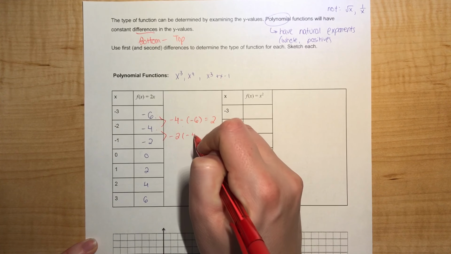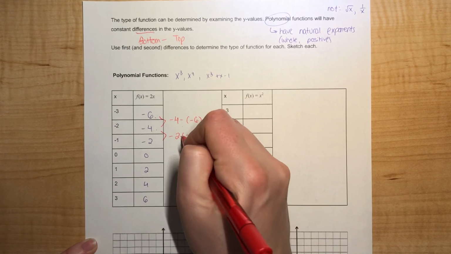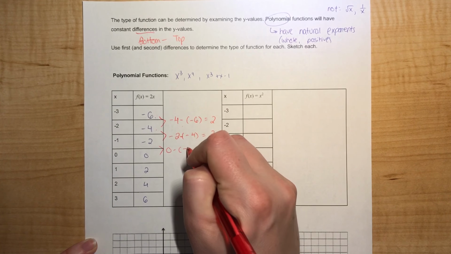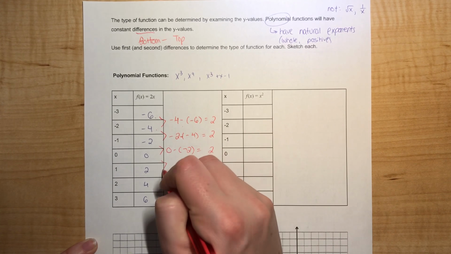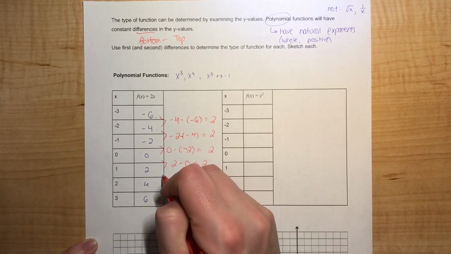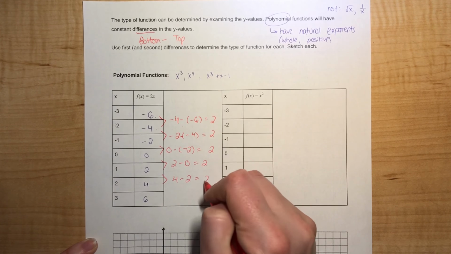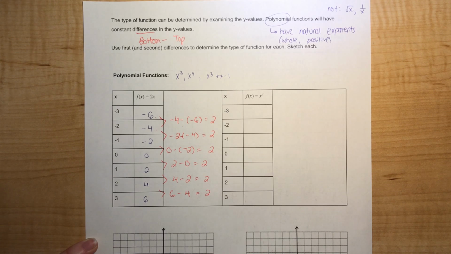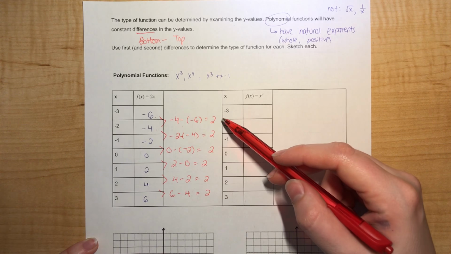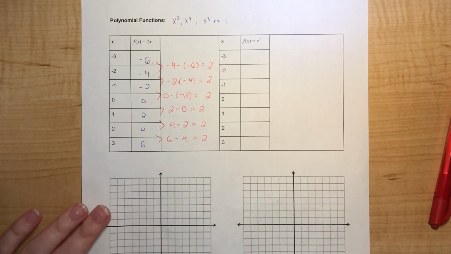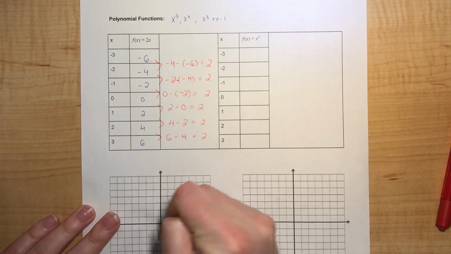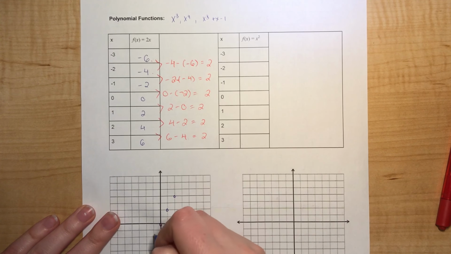So let's just repeat this a couple times. -2 minus -4, again, is 2. 0 minus -2, also 2. 2 minus 0, 4 minus 2, and 6 minus 4. So a linear function, something that's straight, like f of x equals 2x, is going to give us a really nice straight line.